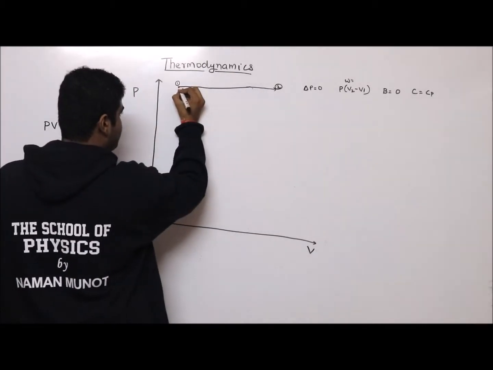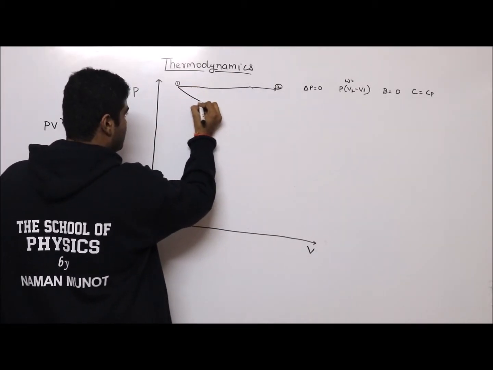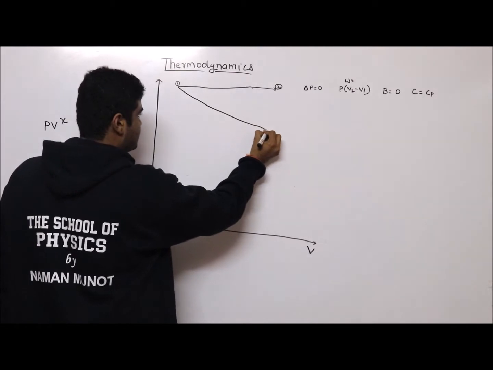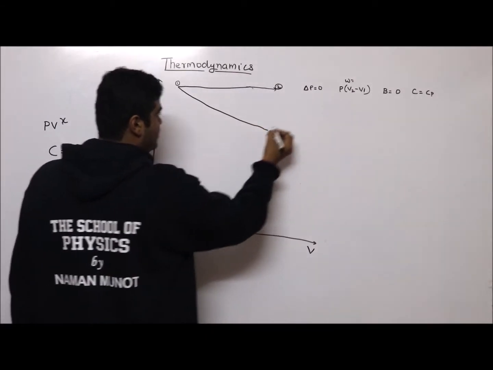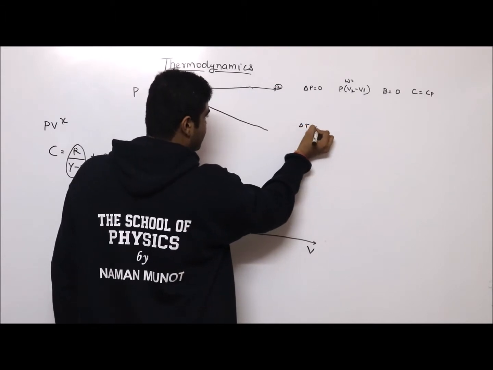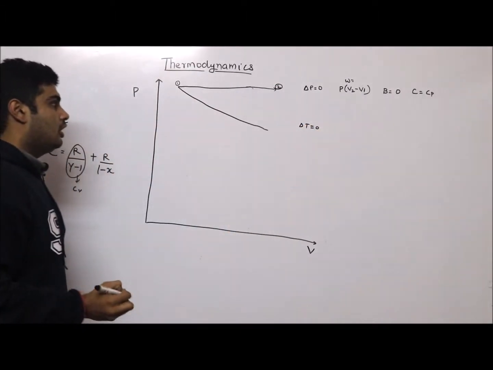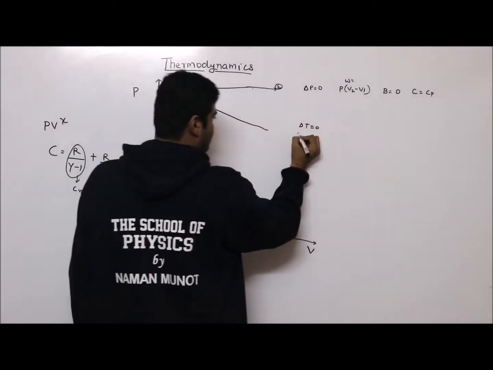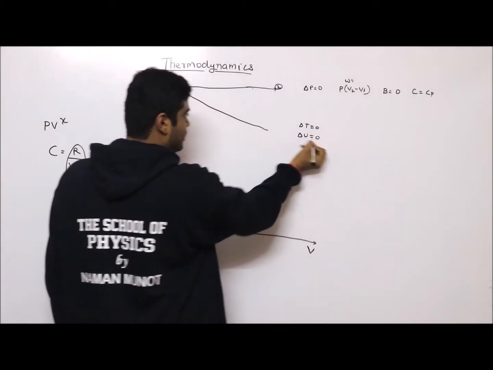The next process that we are coming to is an isothermal process. Isothermal process means delta T is equal to 0. It can also mean that the change in internal energy is equal to 0.